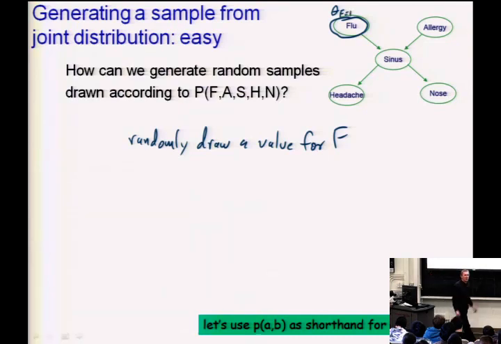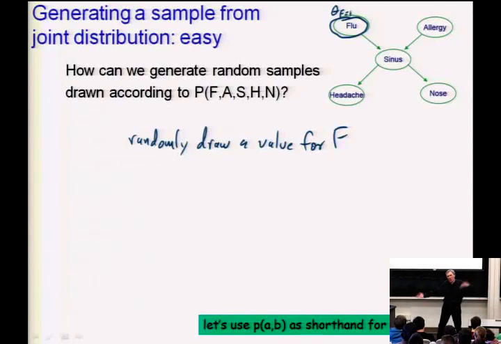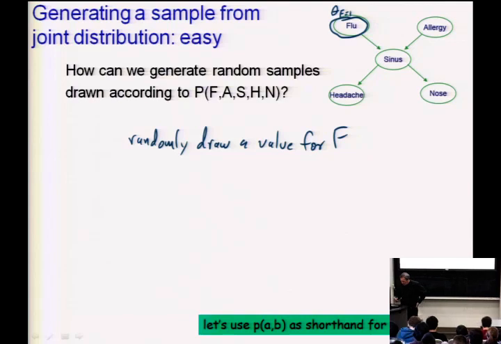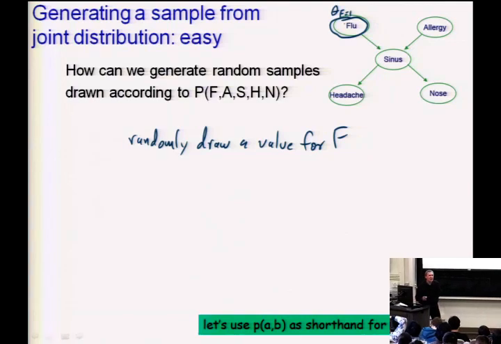And of course, we don't have to represent the probability that F equals 0. It's just 1 minus theta sub F equals 1. Okay, so that's the thing sitting around in the table.